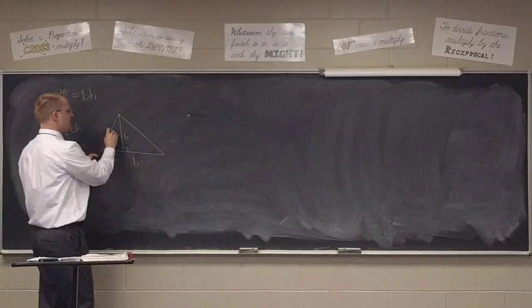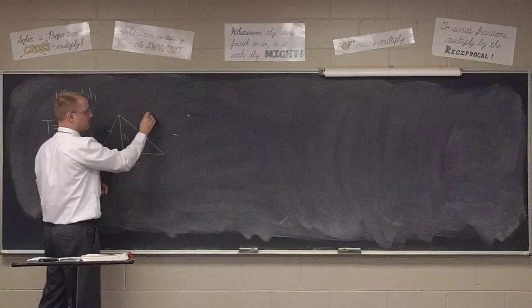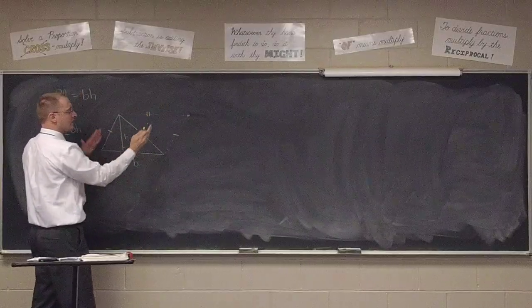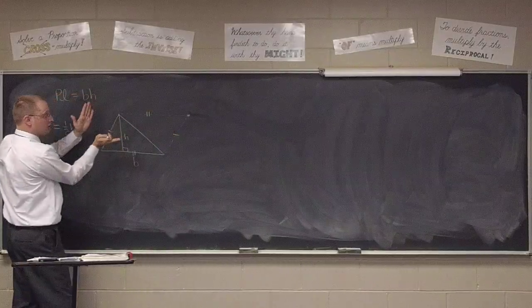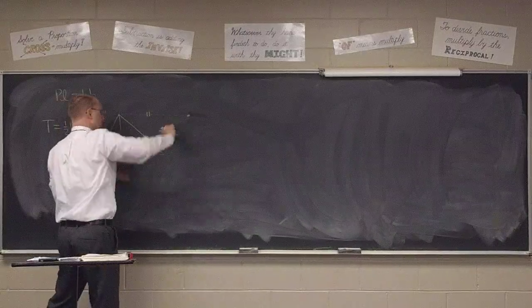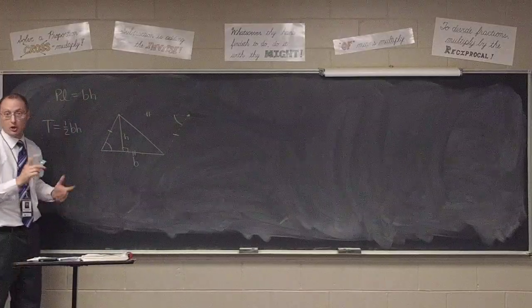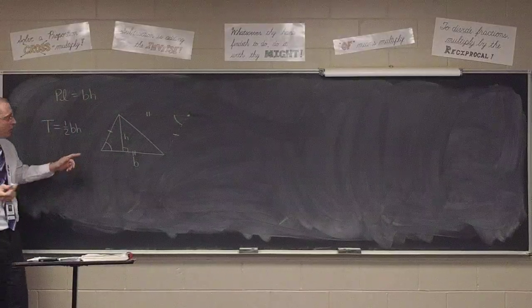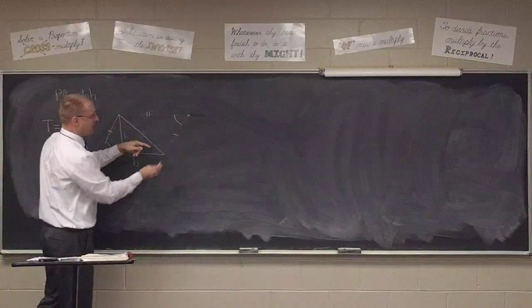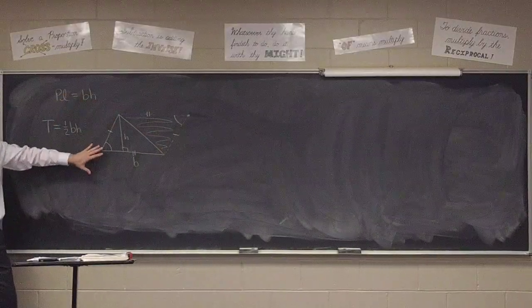However, if this side equals this side, and this side equals this side, and if these lines are parallel to these lines, right side to right side, left side to left side, the angles are equal. Also, opposite angles of a parallelogram are equal. Then by side angle side, this triangle is congruent to the first.